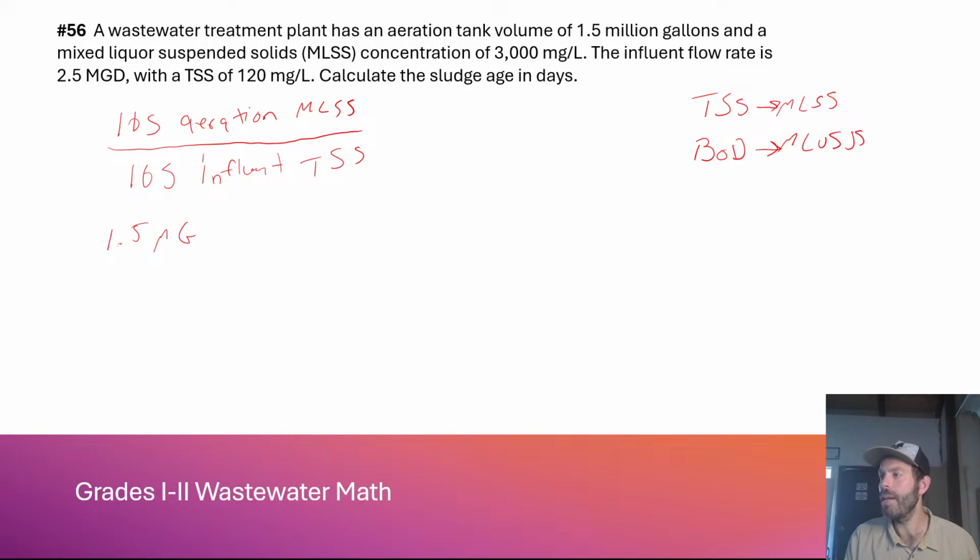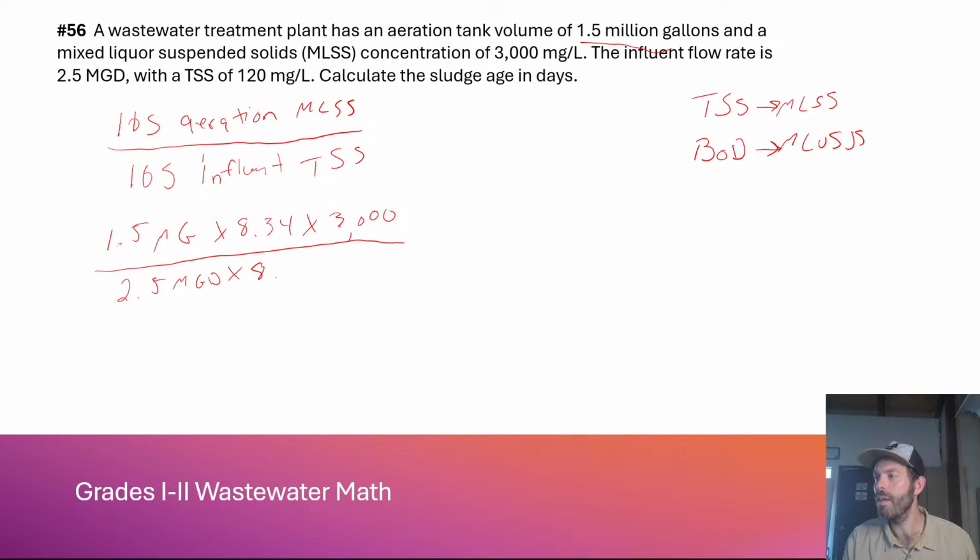Sorry, up here, 1.5 million gallons is the volume of the aeration basin, times 8.34 pounds per gallon of water, times 3,000 milligrams per liter, divided by 2.5 mgd, which is the plant flow, times 8.34 times 120 milligrams per liter.